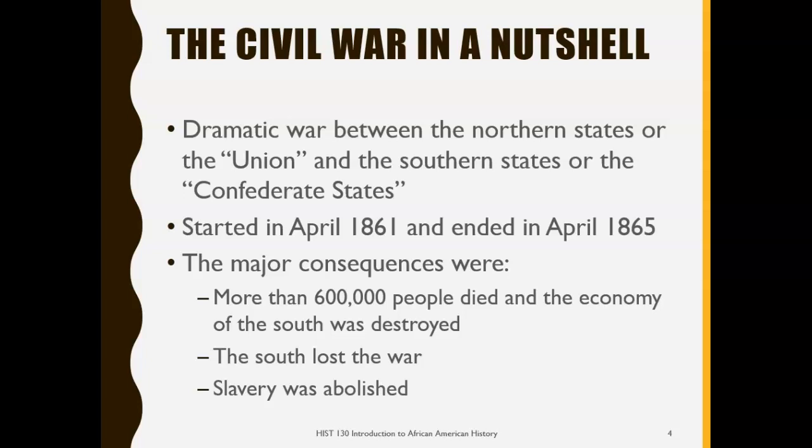The major consequences of the war were the death of more than 600,000 people, and according to statistics, more than 1 million Americans either died or were wounded during the war. The economy also was destroyed, especially the economy of the southern states, and finally the war ended with the victory of the North. So the South lost the war, and that's how slavery also ended.